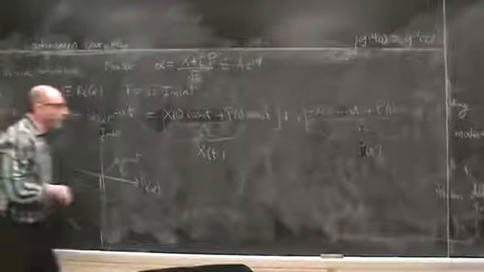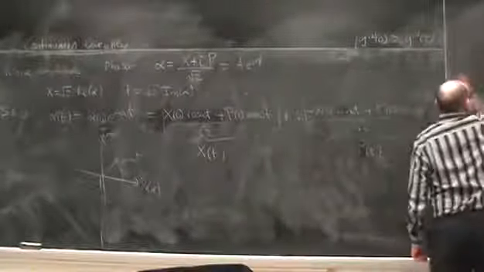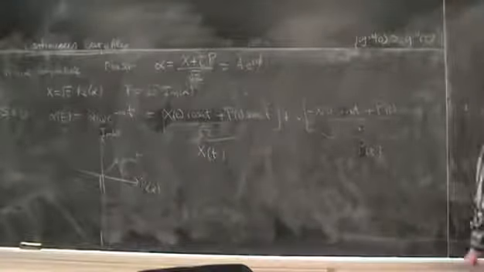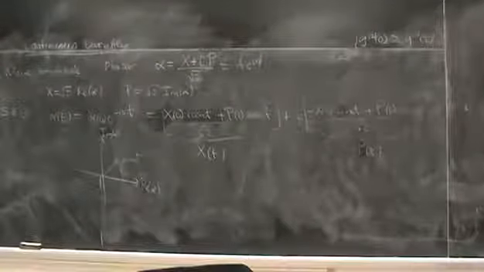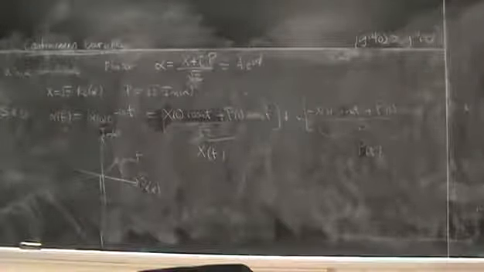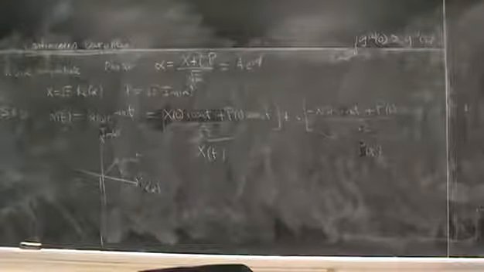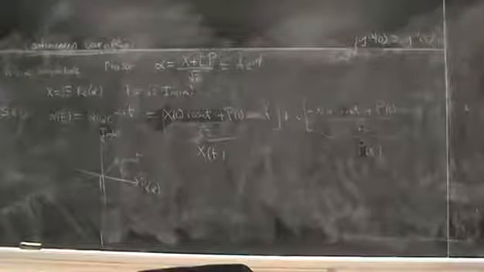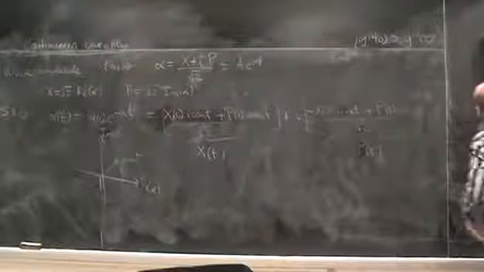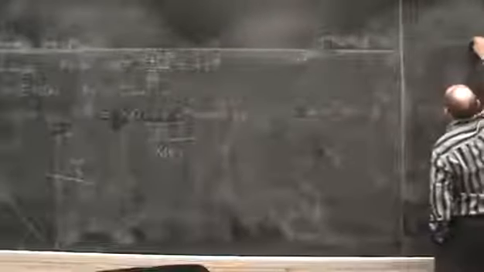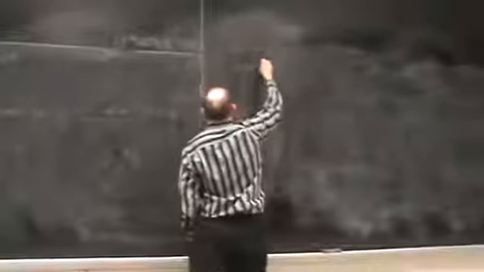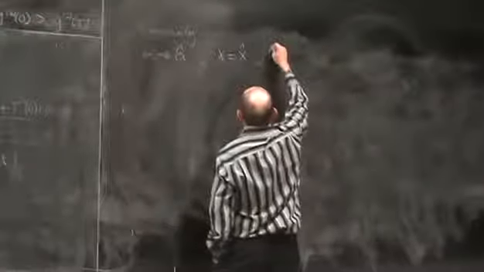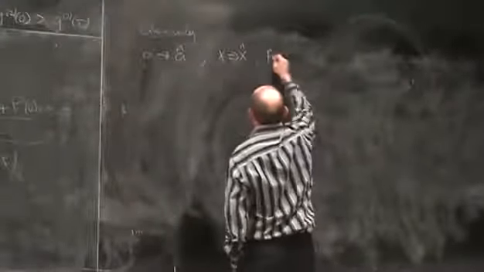So these are our quadratures, and quantumly, alpha goes to A, the quadrature goes to the position, and the other quadrature goes to the momentum.